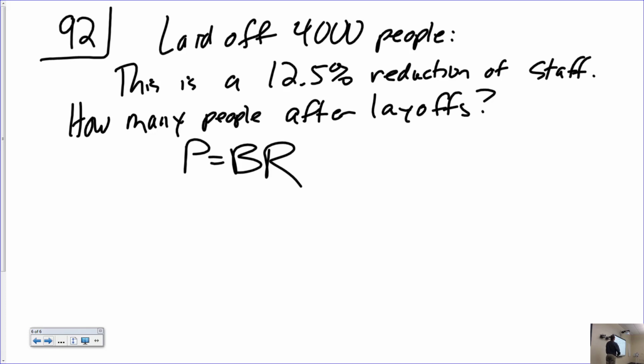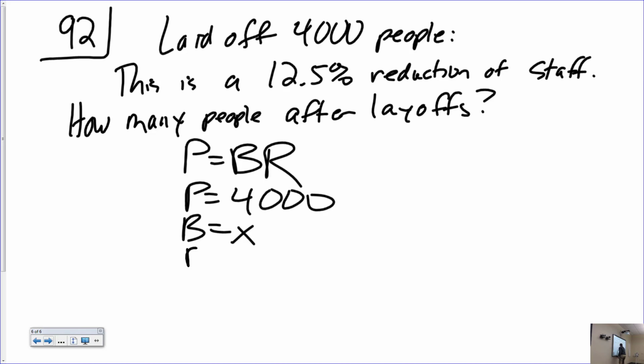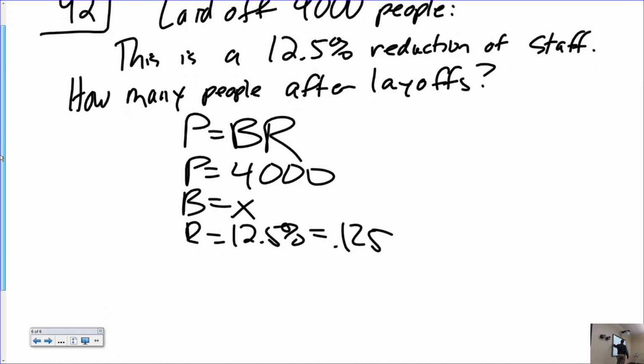So you need to figure out how much of the staff was there first. The portion is the 4,000 people that you laid off. The base you don't know. And the rate's the 12.5%. 0.125. And again, if you want to do this as is over of, think of P as being is and B as being of.